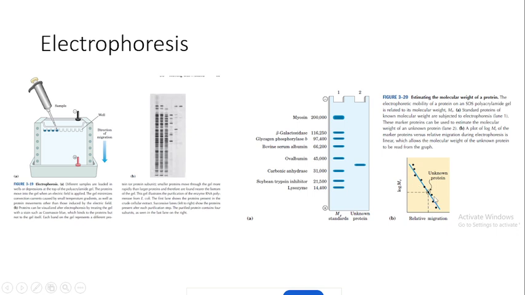Because you plot a standard curve using some known proteins and their migration, with migration on the x-axis and the log of molecular weight on the y-axis. Then for an unknown protein whose molecular weight you don't know, you calculate the migration, and by using this curve you can know the log of molecular weight of that protein. That's how you can determine the molecular weight of an unknown protein by using gel electrophoresis. Any doubt? Please ask me.